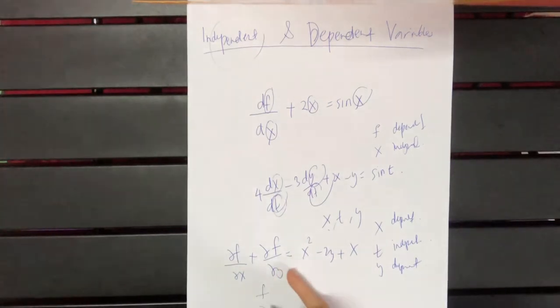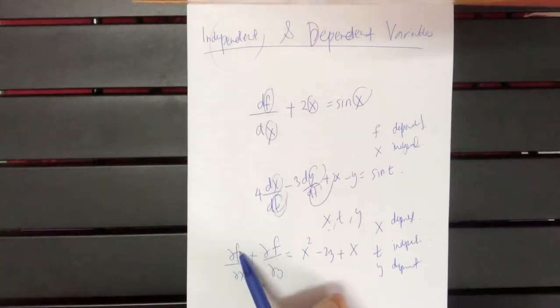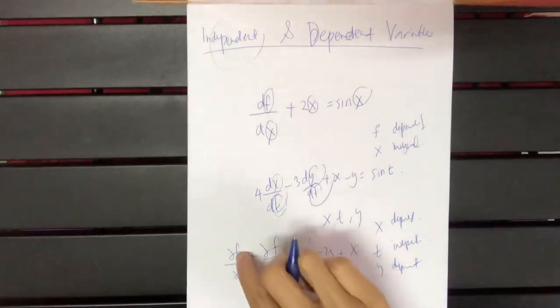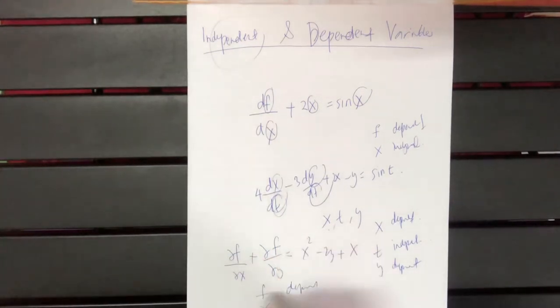You have f, you have x, you have y. f is on the above, so f is a dependent. f depends on x, f depends on y. Then you can see that x and y are on the downside, so x is independent, y also is independent. Clear?